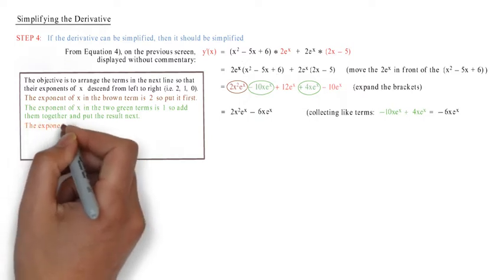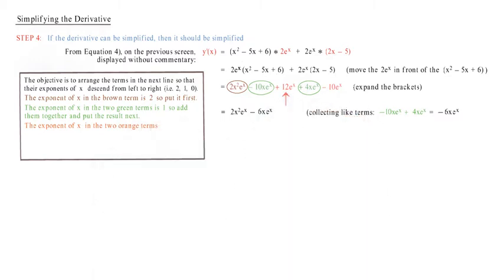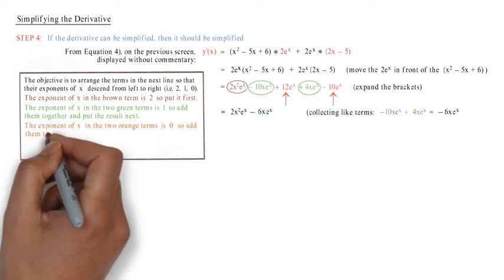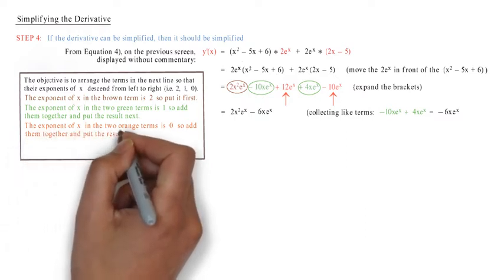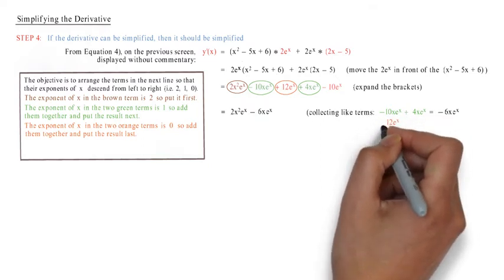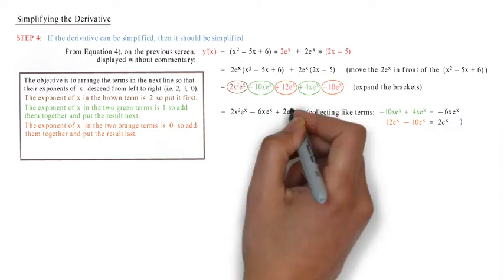The exponent of x in the two orange terms is 0. So add them together and put the result last. Plus 12e to the x plus 12e to the x minus 10e to the x minus 10e to the x equals 2e to the x plus 2e to the x.